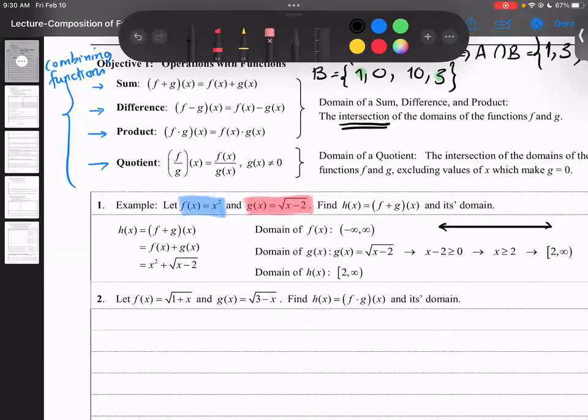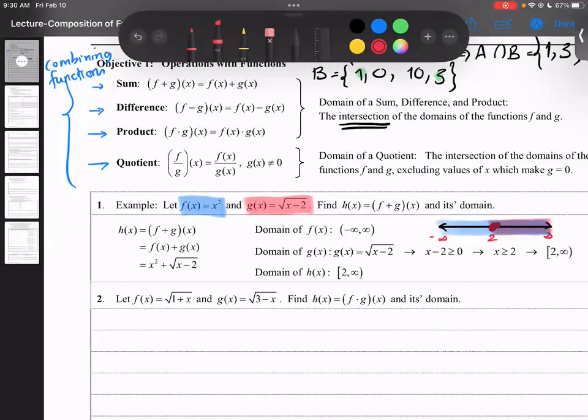One function takes everything. For the other function, I have to set x minus 2 at least 0, meaning greater than or equal to 0, and then solve for x. So x has to be at least 2. So one function is the blue function, it takes everything on the number line, but the red function only takes from 2 to infinity.